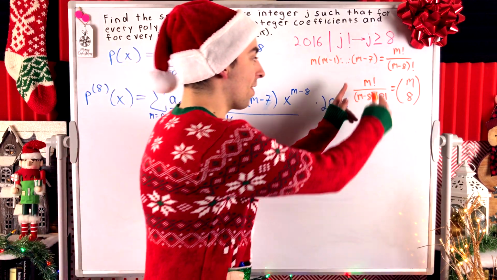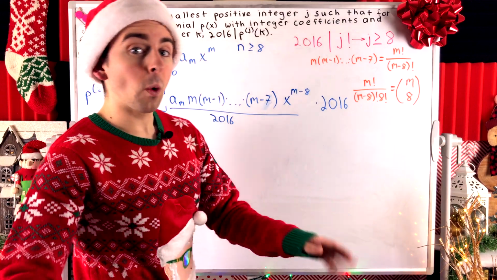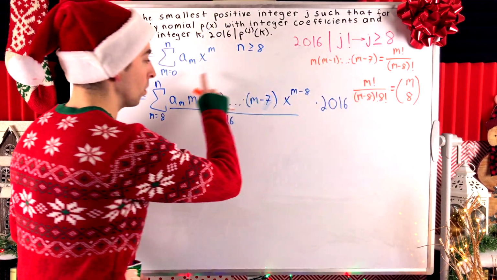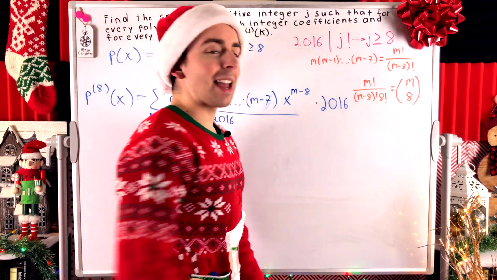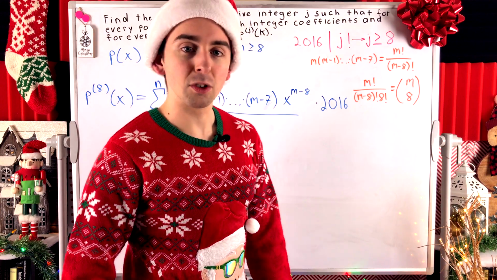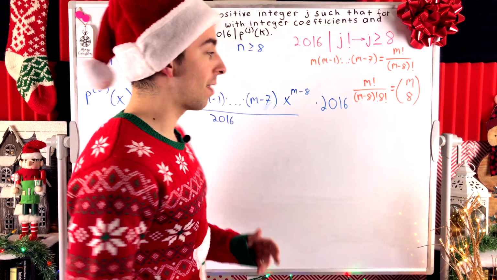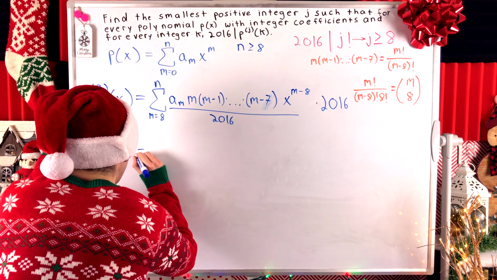But of course, this binomial coefficient m choose 8 isn't quite equal to what we actually have. It's equal to what we actually have divided by 8 factorial. So then we just have to multiply by 8 factorial as well to make sure we're not changing the value of our expression. And finally, we're closing in on the finishing strokes.